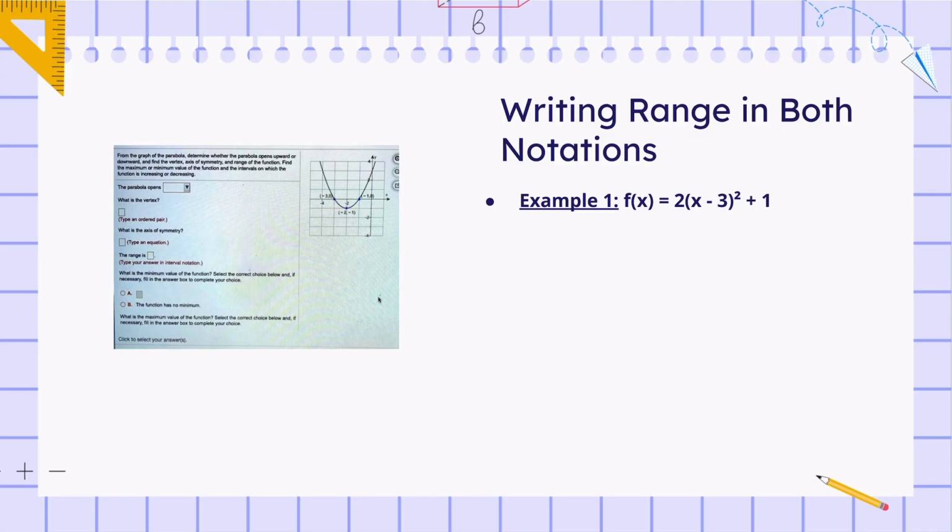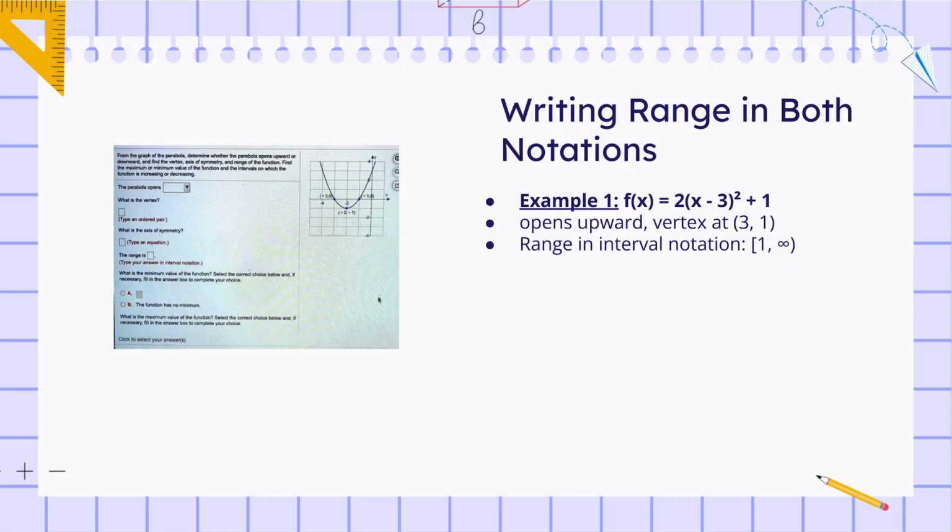I said minimum because if you look at the positive value here of 2, which is the a value, that means that the graph opens up. So this graph, opening upwards at the vertex of (3, 1), will start at 1 and then head towards positive infinity.